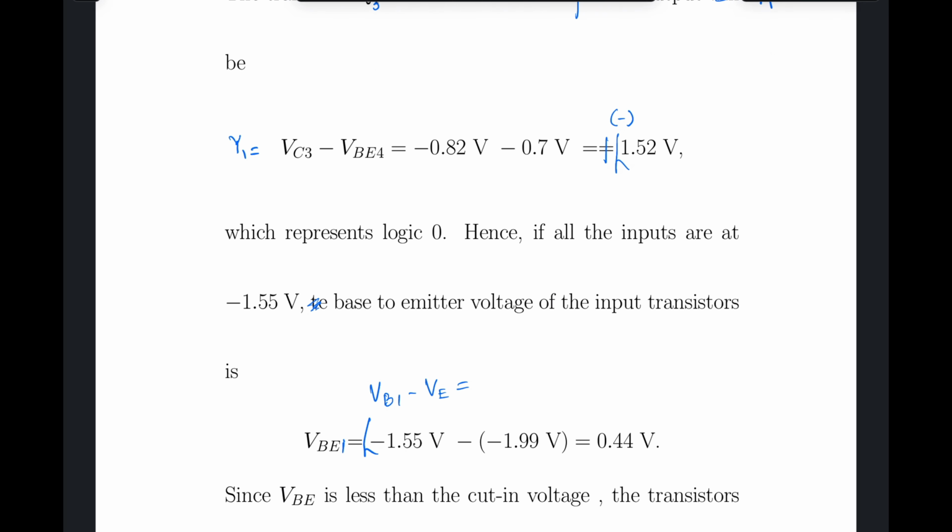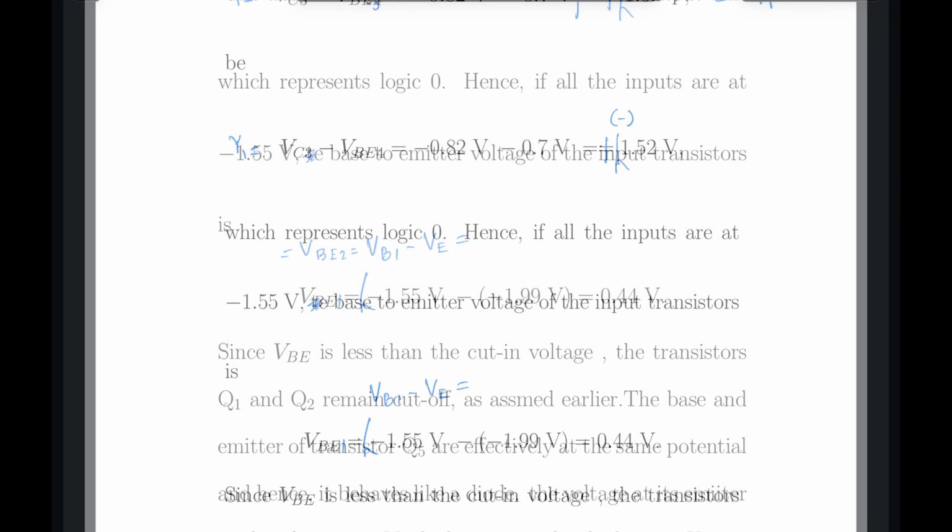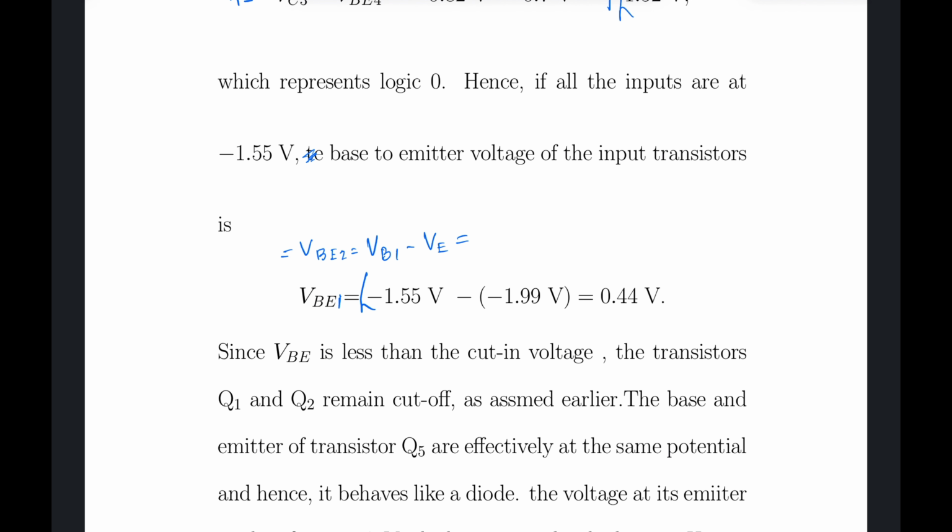Hence, if all the inputs are at minus 1.55 volt, the base to emitter voltage of the input transistors, Vbe1, which is also equal to Vbe2, is Vb1 minus Ve, or you can also write it as Vb2 minus Ve.